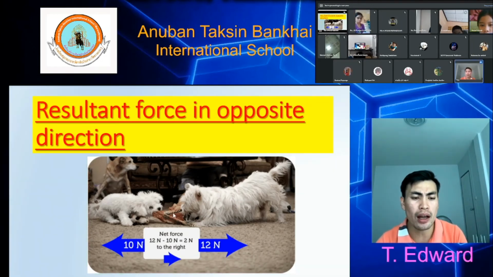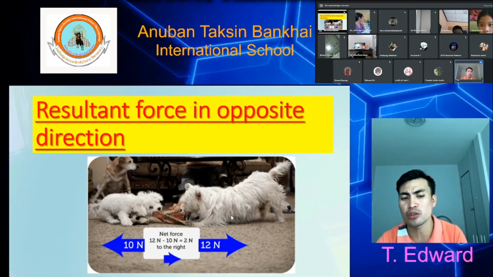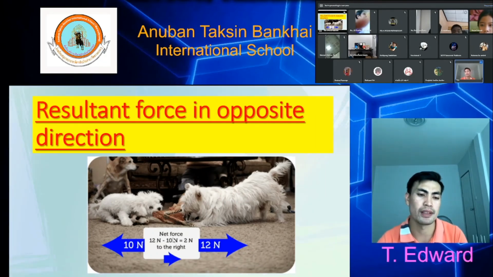Where will the toy go? To the left or to the right? To the right, because there's a 2 Newton difference to the right. So that is opposite.